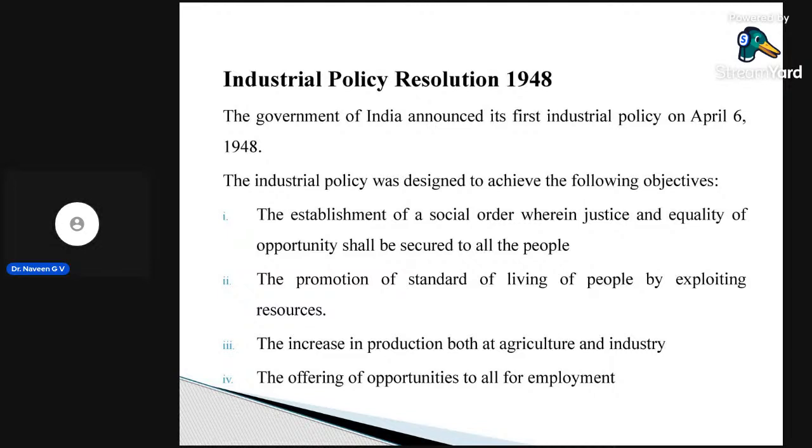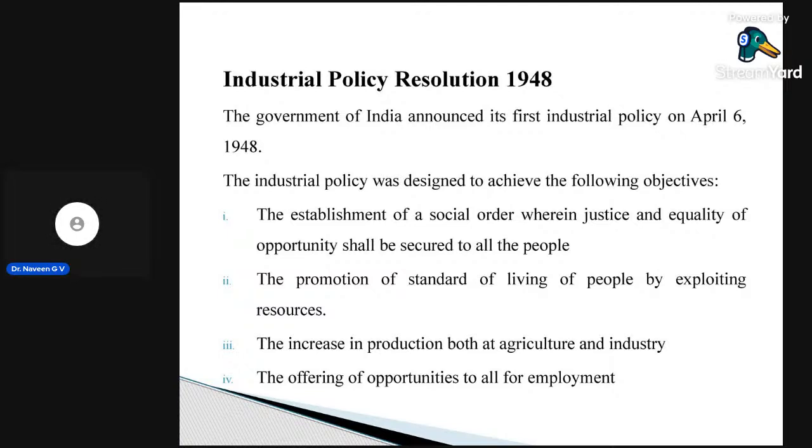Related to industries, the policy resolution in the year 1948. The government of India announced its first industrial policy on April 6th, 1948. The industrial policy was designed to achieve the following objectives.